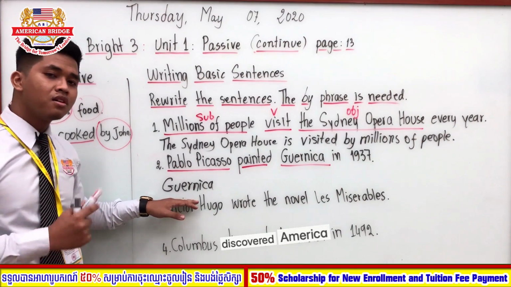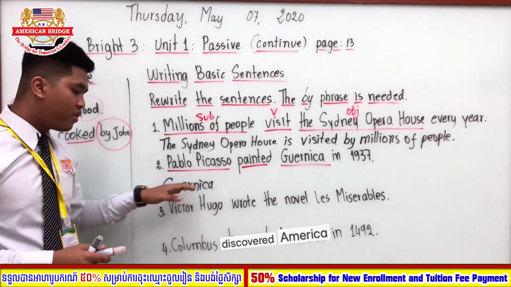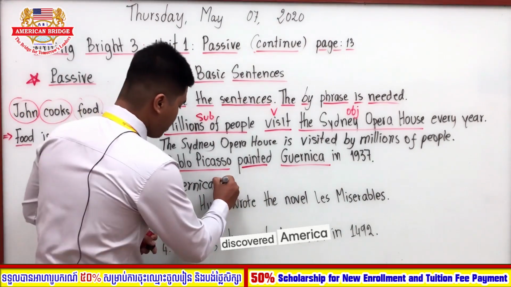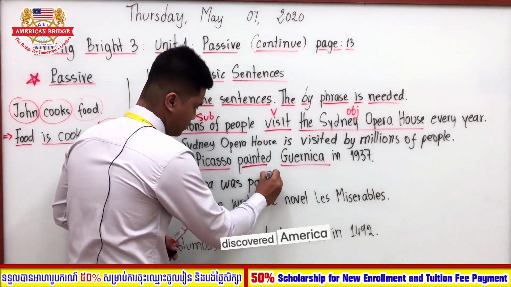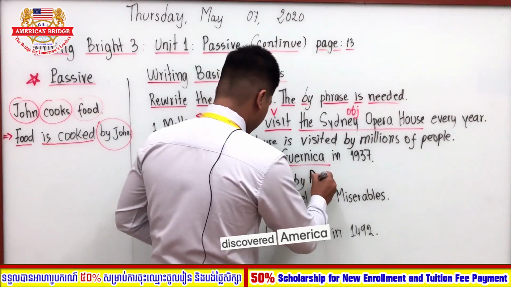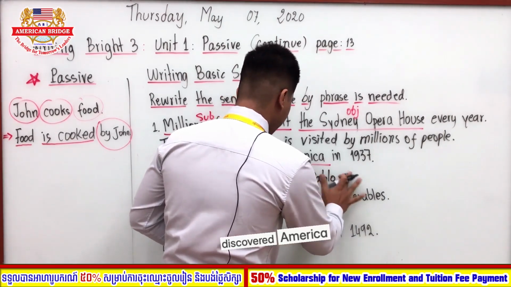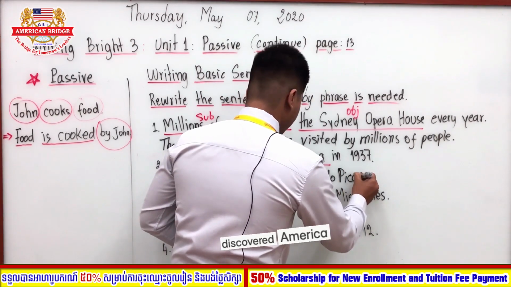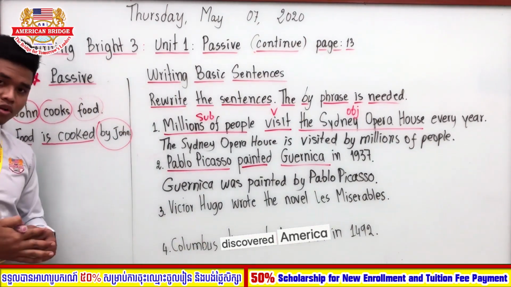It is singular, right? So the be verb that we use with a singular noun is was. Guernica was painted by, okay, the agent is Pablo Picasso. So good. Okay, we have 2 more to go.